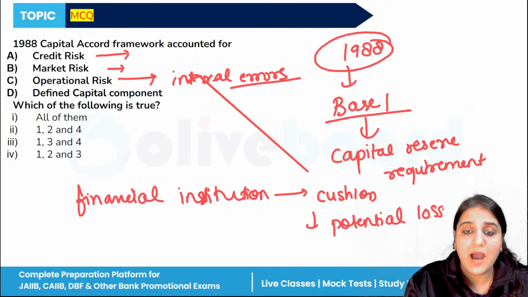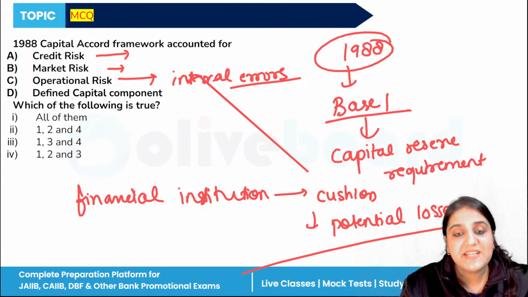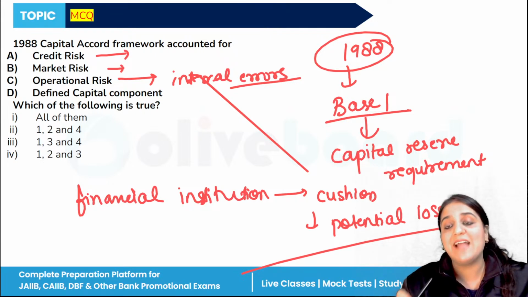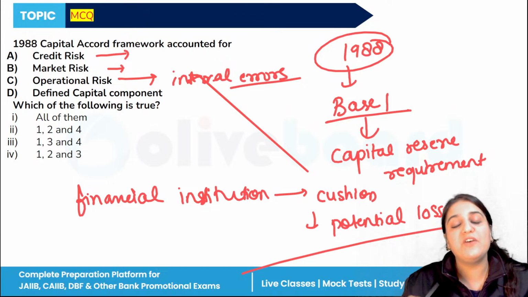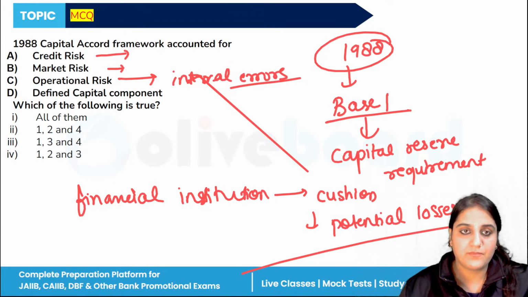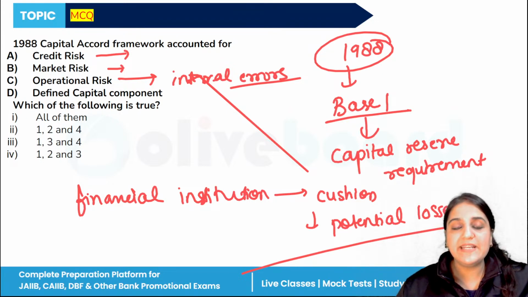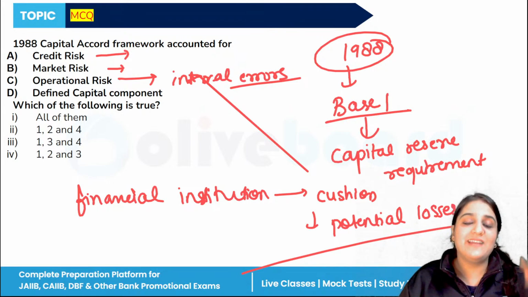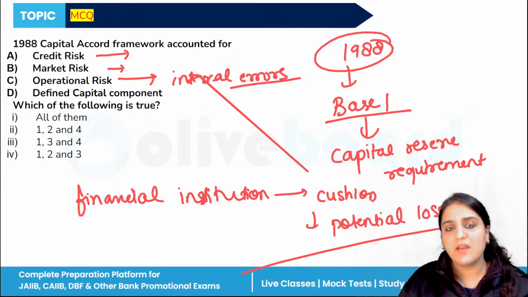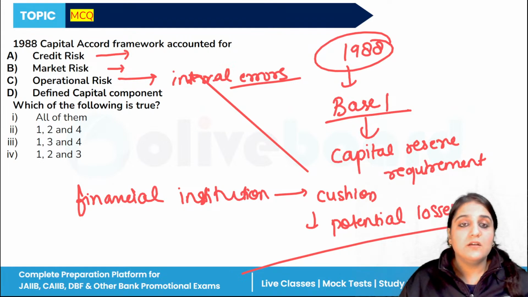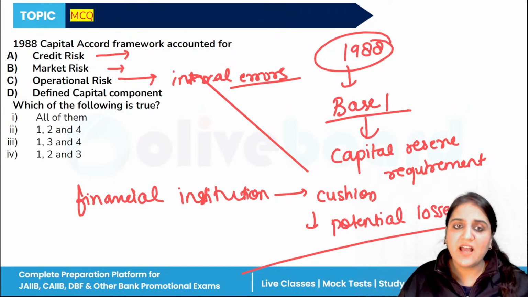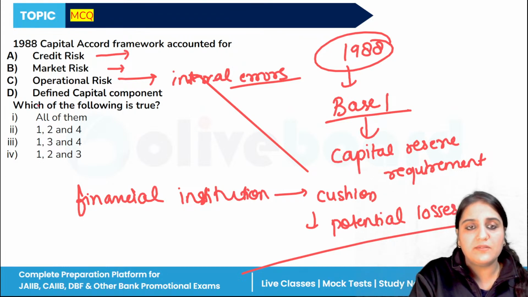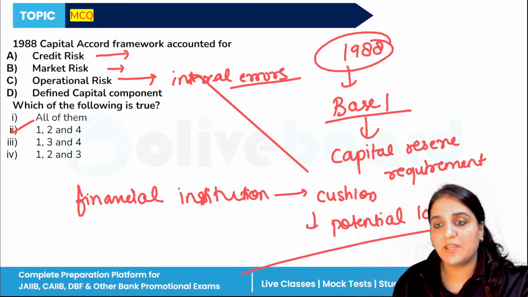This requirement is mandated by regulatory bodies to ensure the stability and solvency of the financial system. So the 1988 Capital Accord framework accounted for credit risk, market risk, and the defined capital component. The correct answer is 1, 2 and 4, which means the second option is correct.